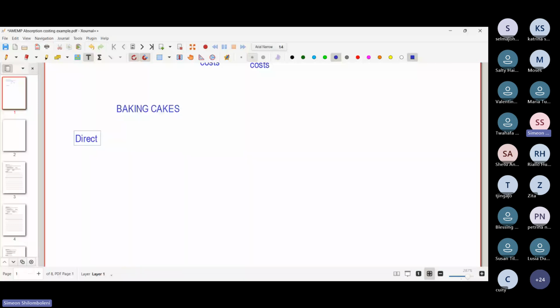And what are the direct costs that we need? We need flour. We need, what else do we need? Eggs. Eggs, it's an elite cake. Then we need water. These are the direct costs. We also need oil, cooking oil.